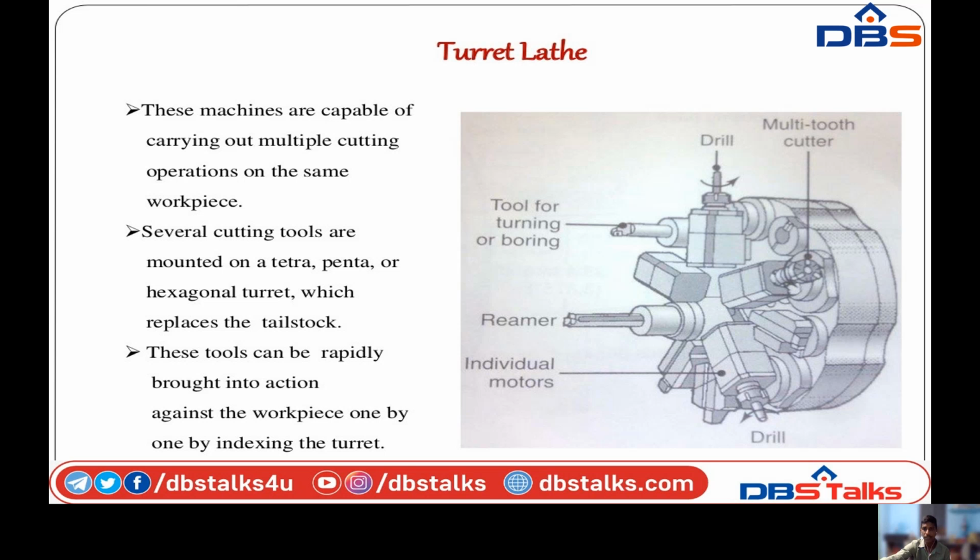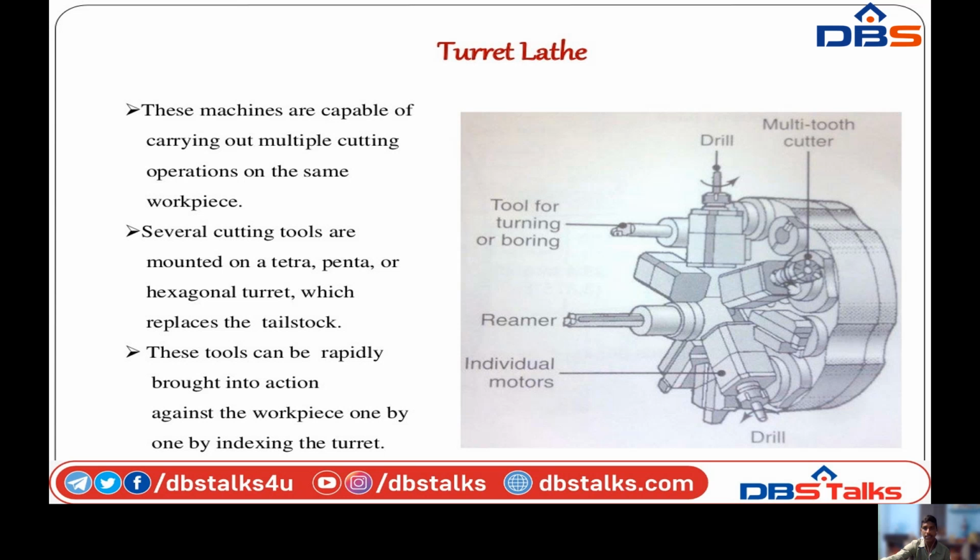First I am fixing a drill bit, next a reamer, a boring tool and a multi-tooth cutter. Why am I fixing all these tools to the machine center? Because the main heart of the turret lathe is the machining center.